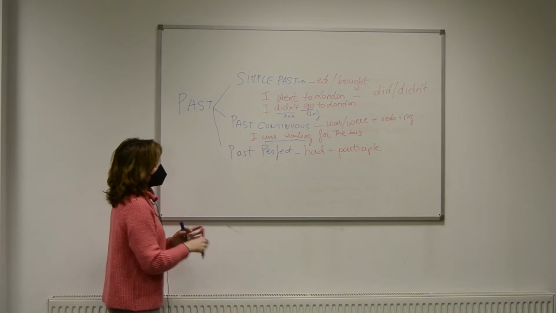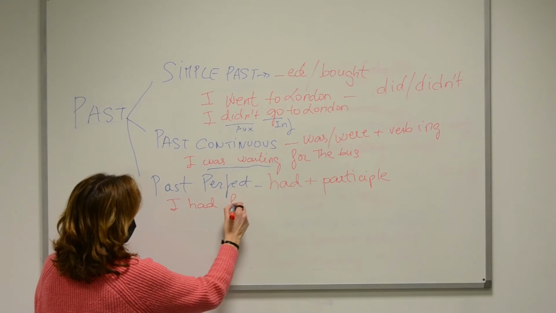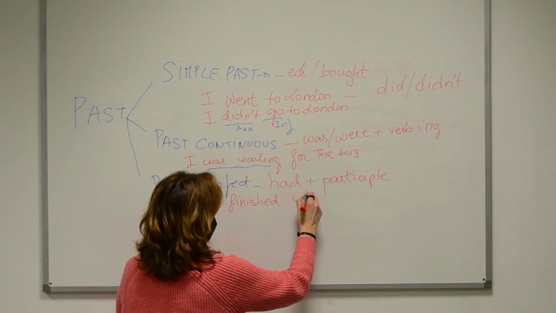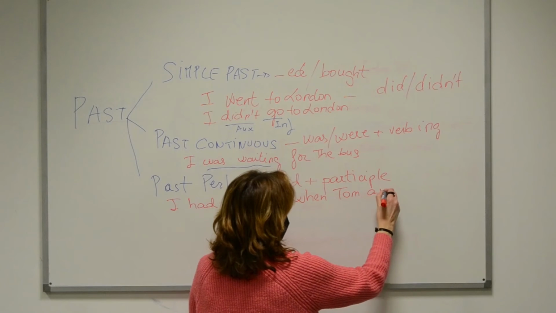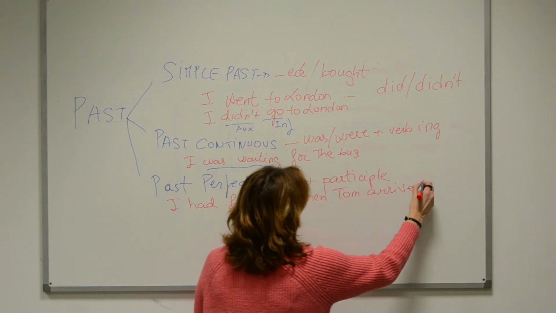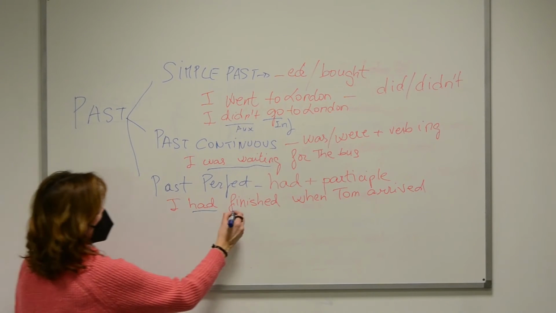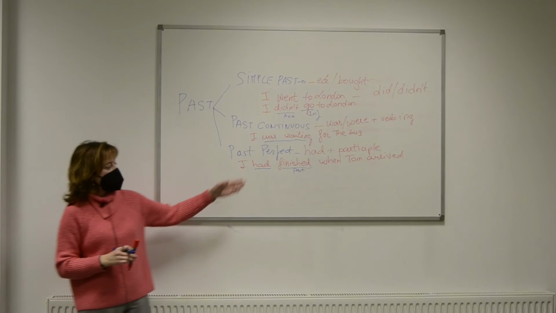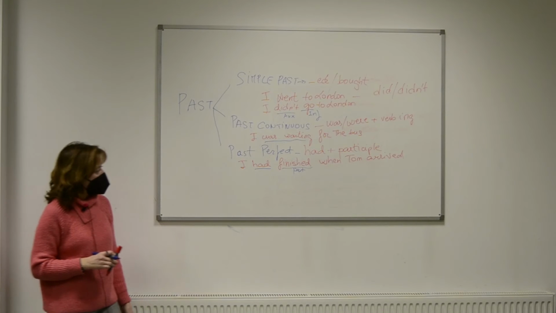For example, I had finished when Tom arrived. In this case, we have had plus the participle. This is a regular verb, and therefore we add ed to create the participle of this verb.